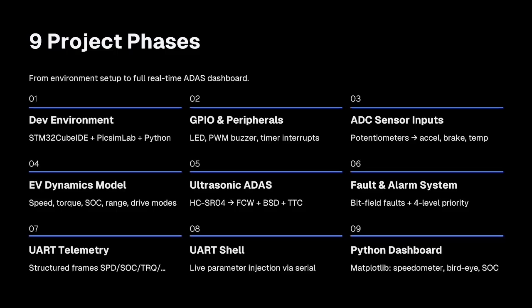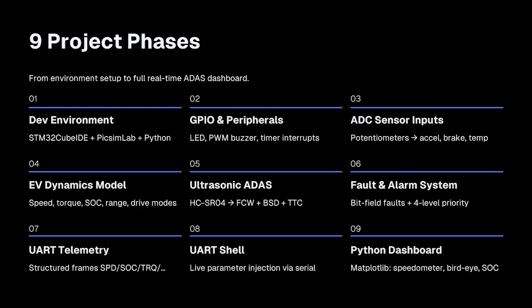The project phases include the development environment, GPIO peripherals, ADC sensor inputs, then the EV dynamics model, ultrasonic ADAS, fault and alarm systems, UART telemetry, UART shell, and finally the Python dashboard. First, the development environment was configured using STM32CubeIDE, PixSimLab, and Python. Second, GPIO peripherals were made, including LEDs, pulse width modulation buzzers, and timer interrupts.